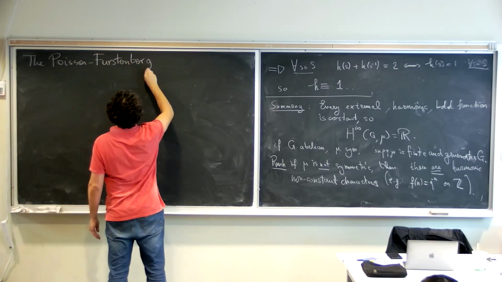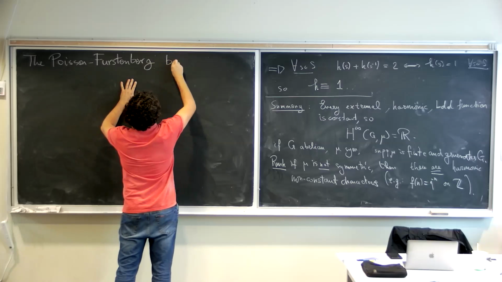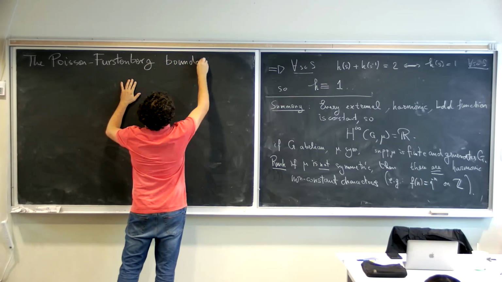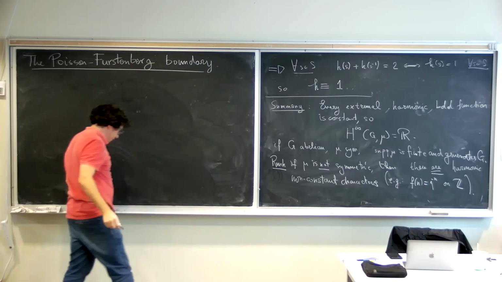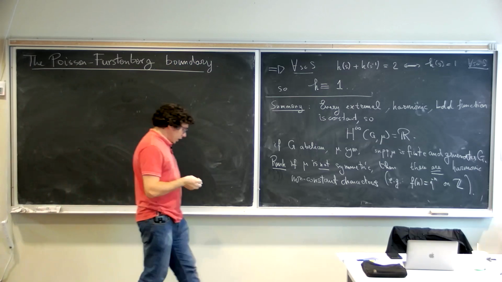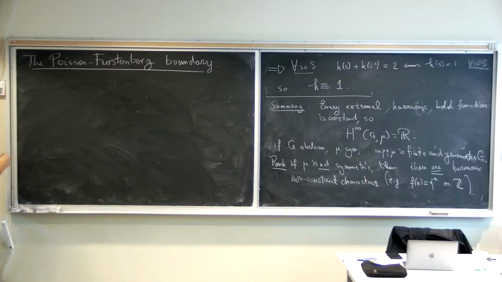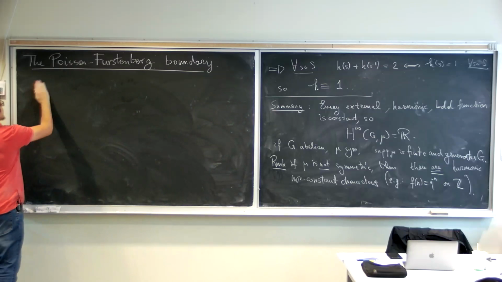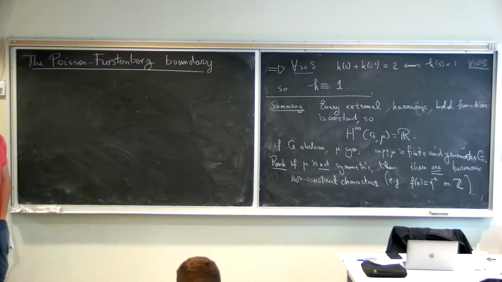I think since it's too long to write, I will mostly just write Poisson. Okay, so basically we saw a discussion of harmonic functions. And the theory of the Poisson boundary has to do with the representation of such harmonic functions.